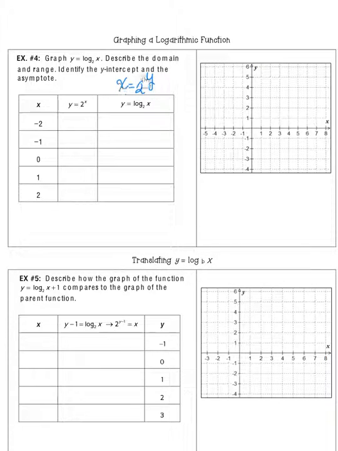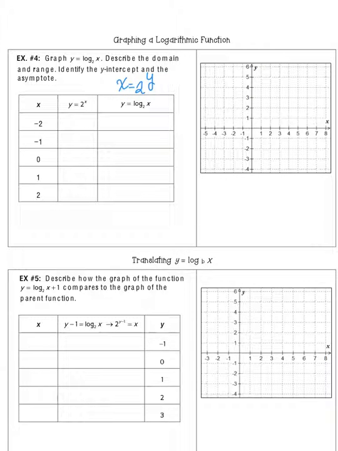Well, these are inverses of each other. If you remember the definition of an inverse, it means that the x and y's have been reversed. And so that's really how you're going to graph a log function: you could actually graph this parent function and then just switch the x and y and then get your log function. But I typically will just graph this.